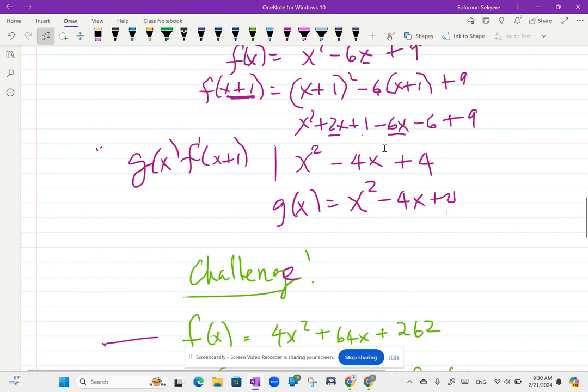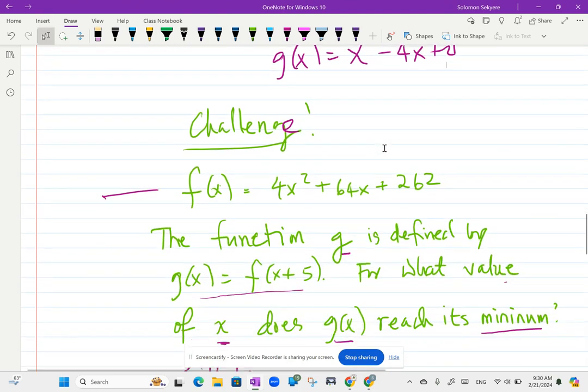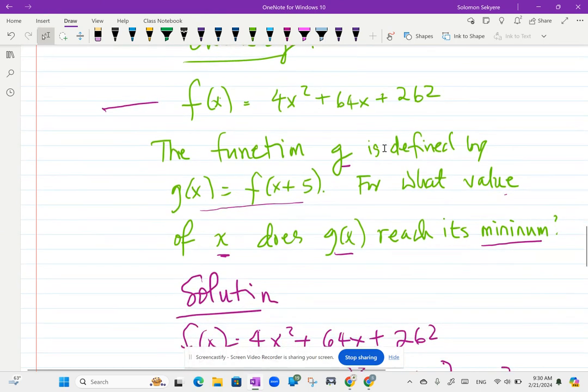All right, now here it is. Can you do this question pretty quick? That's f of x. The function g of x is defined by this. For what value of x does g of x reach its minimum? See that word, minimum? It's a quadratic function. Think the vertex.